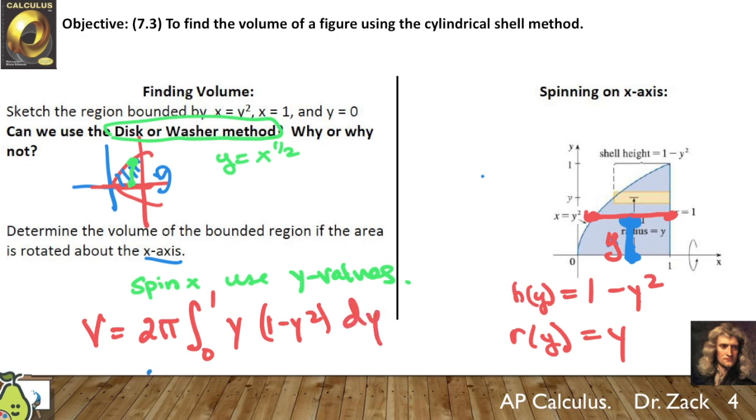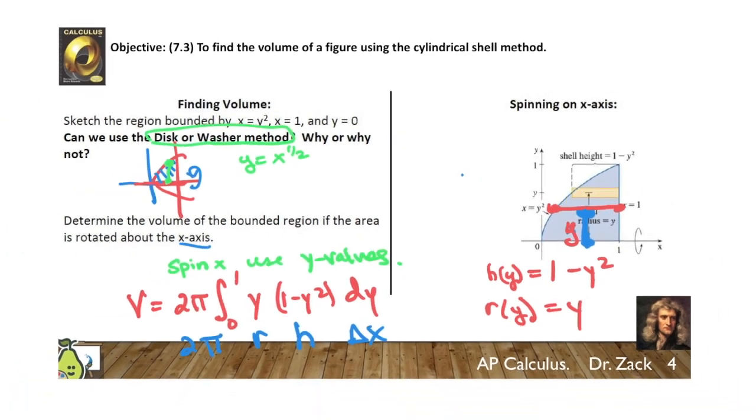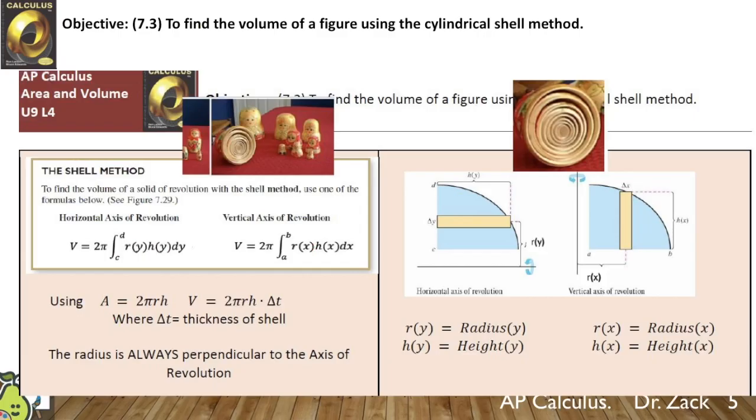So one more time, this is 2 pi r h, and then the thickness. And that is our shell method, 2 pi r h multiplied by the thickness. So let's talk about the shell method again. When we have a horizontal axis of revolution, we are going to spin x, use y's.